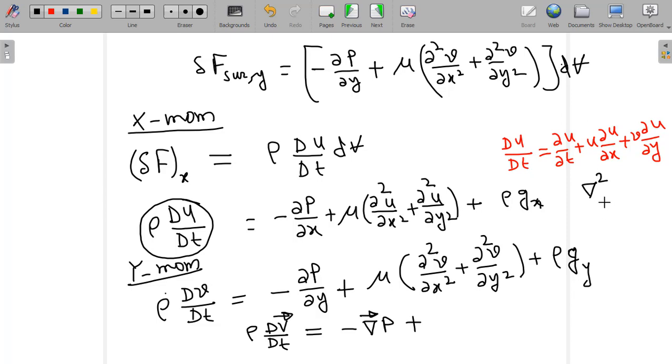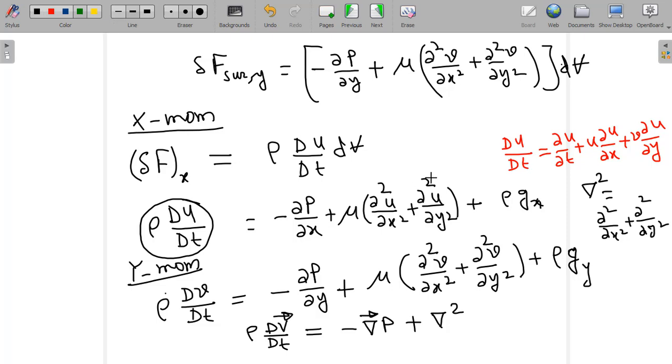This Laplacian operator is nothing but del 2 del x2 plus del 2 del y2.